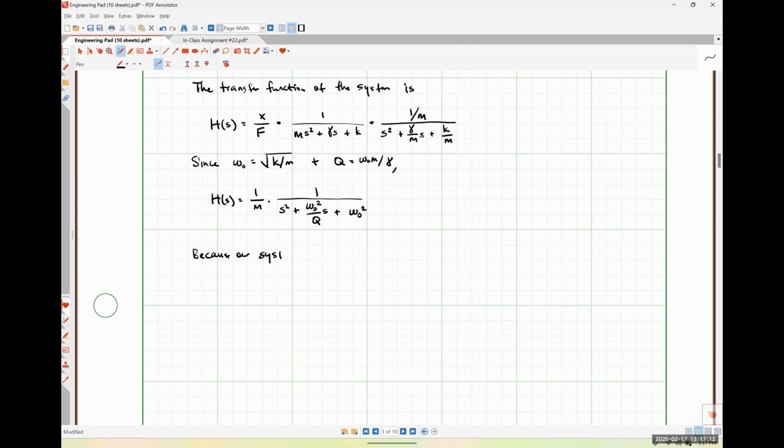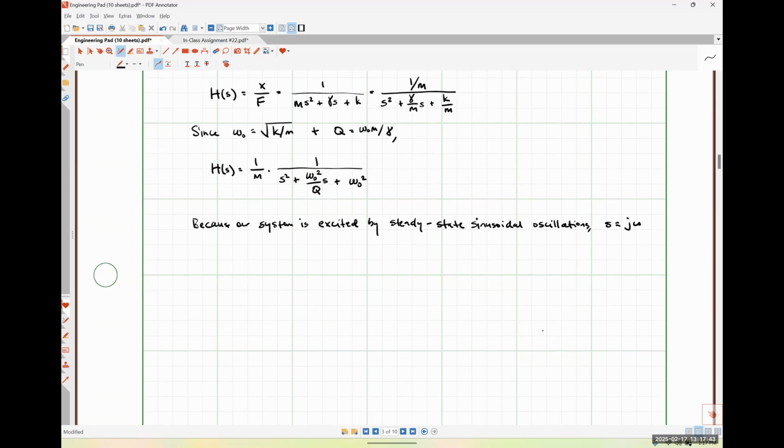Because our system is excited by steady state sinusoidal oscillations, s will simply be equal to j omega, which allows us to write our transfer function as a function of j omega.